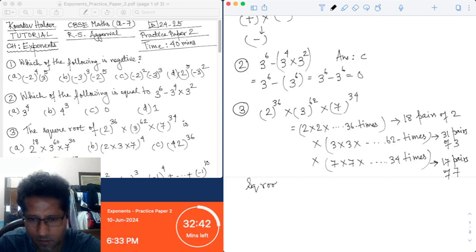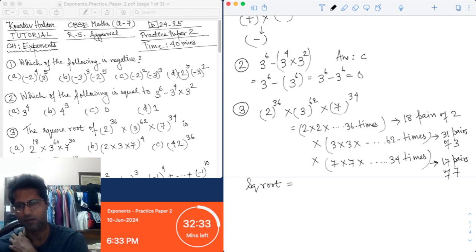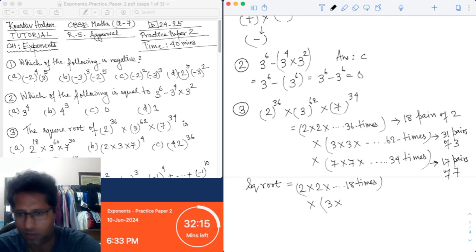I'm writing in short, the square root will be 2 into 2 into 2, how many times? Since there are 18 pairs, we will take 1, 2 from each such pair, so we will have 2 into 2 into 2 like this 18 times. Similarly, we will take 3 out of every pair of 3's, and there are 31 pairs, giving the product of 31 3's.